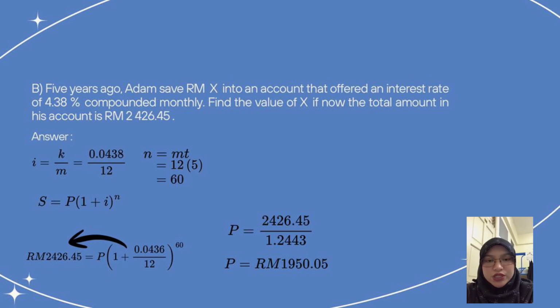We use the compound interest formula, but this time we rearrange it to find the principal: P equals S over (1 plus i) to the power of n. Substituting the values, P equals 2,426.45 over 1.2443, equals RM1,950.05. So Adam originally saved this amount.